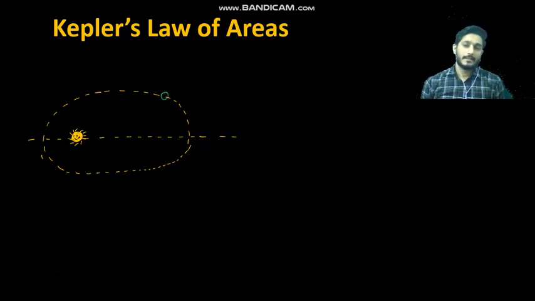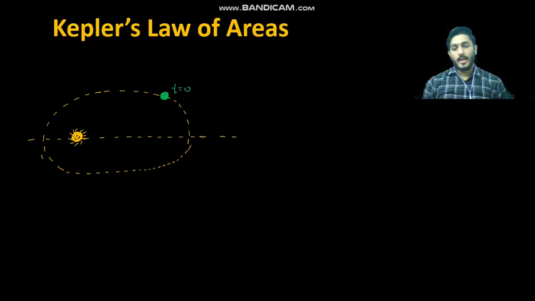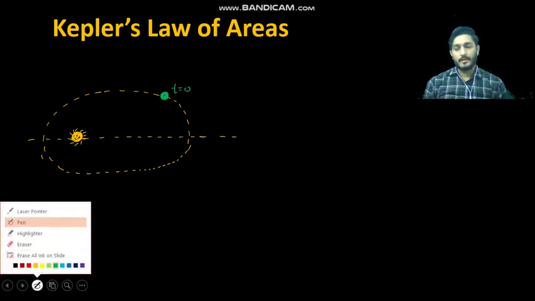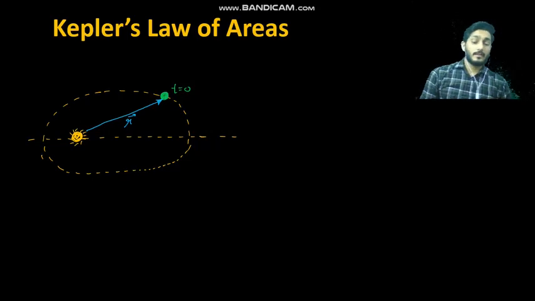Let's say at this instant of time when we are going to observe, the Earth was over here at t equal to 0. And if I draw the position vector of Earth with respect to Sun, it will look like this. So this is the position vector of Earth around the Sun.